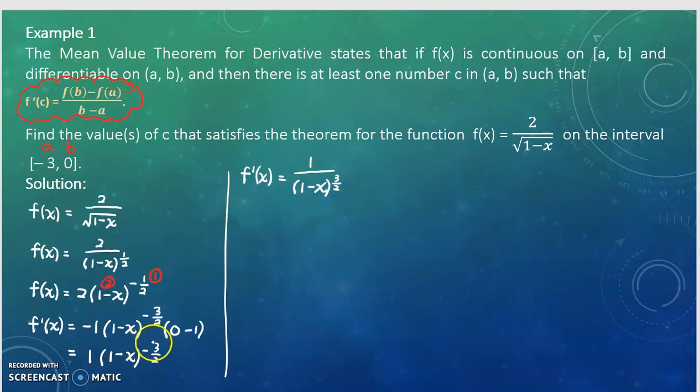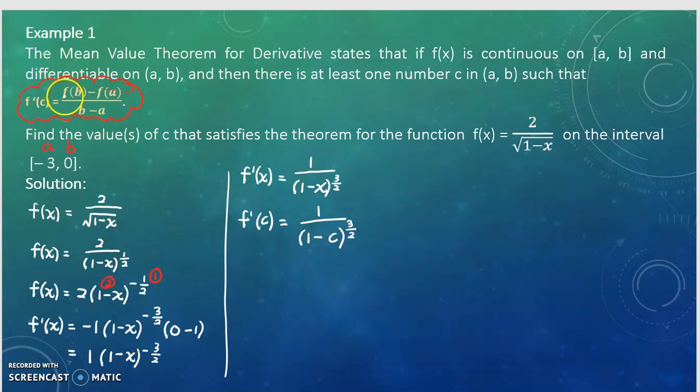The negative index becomes a positive index, and the coefficient is positive 1 because negative 1 multiplied by negative 1 becomes positive 1. Next, here is f'(c). I substitute the value of c, so f'(c) will be equal to 1 over (1 minus c) to the power of 3 over 2.